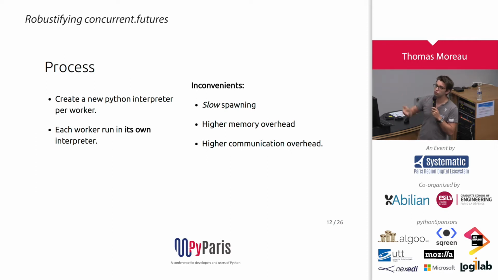Also, you need to load the libraries in each of your workers, so you will duplicate many things that were not duplicated in threads. Also, you have a higher communication overhead because as you are not using shared Python objects, you will need to pass the modifications done in one object by one process to the other process.